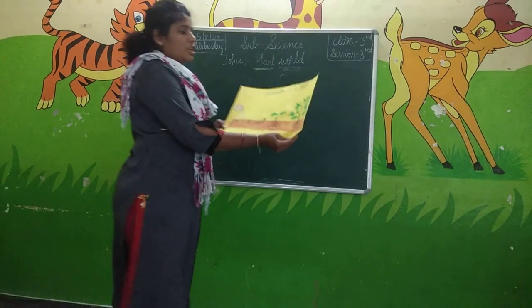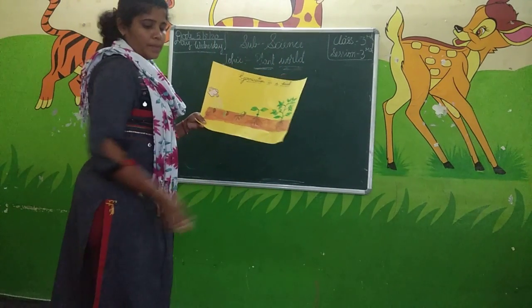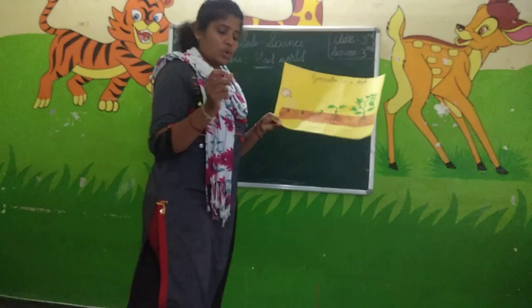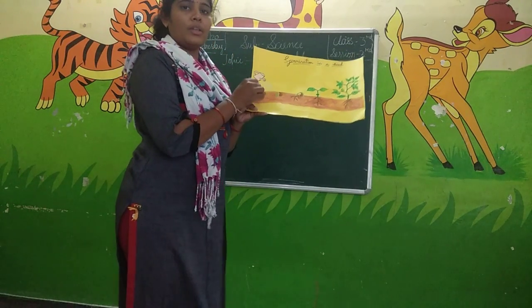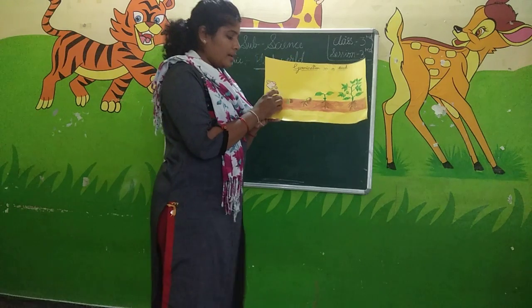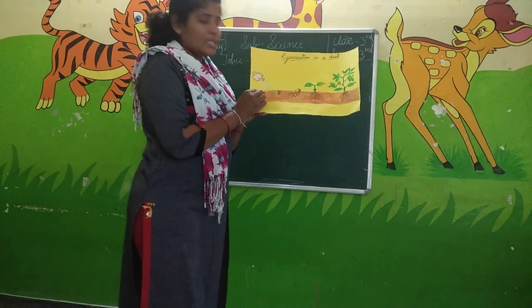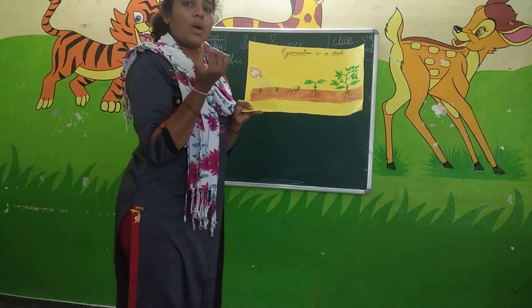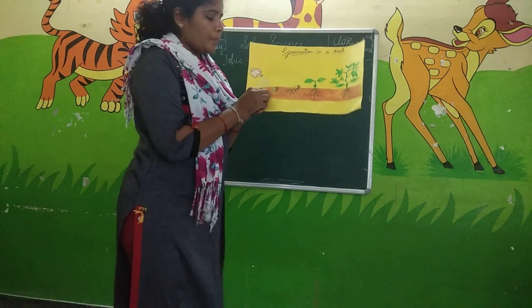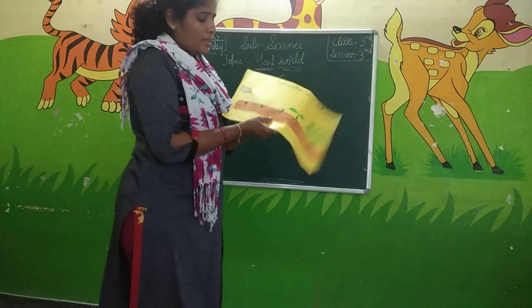This is the germination of a seed. I have shown you the seed structure. When we sow the seed in soil and provide water, sunlight and air, it will start germinating, growing a small plant from the seed.